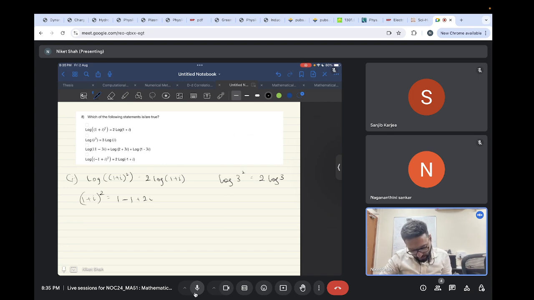So basically log of (1 plus i) the whole square is equal to log of 2i. And what is this equal to?